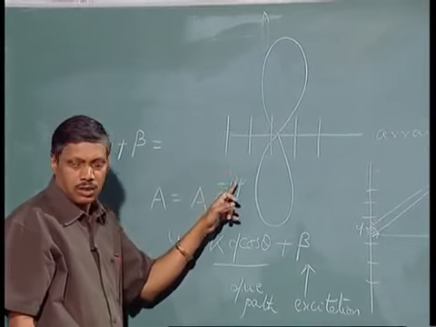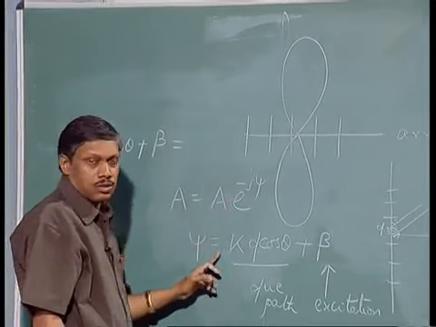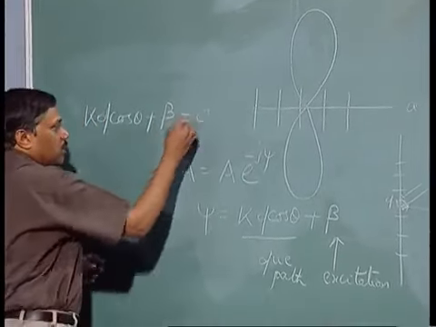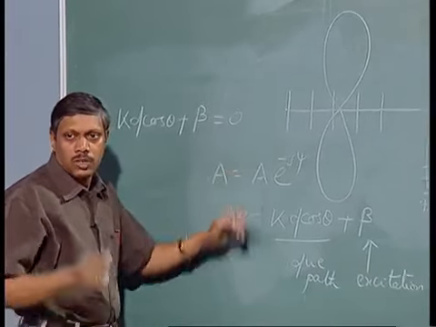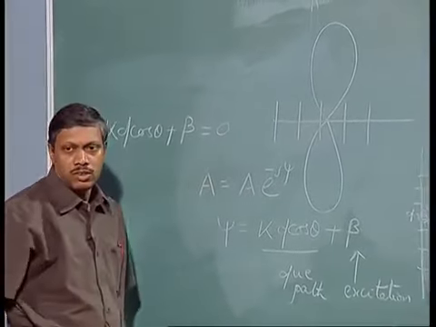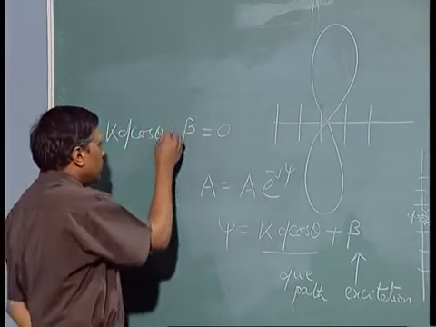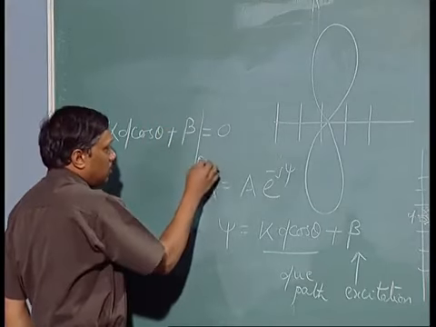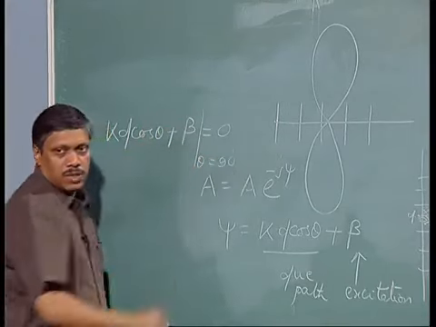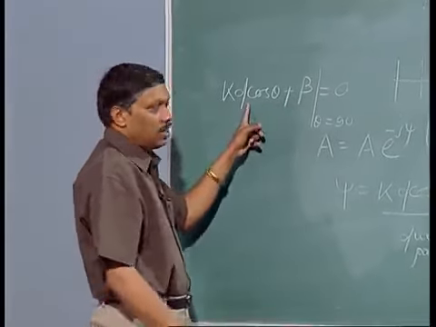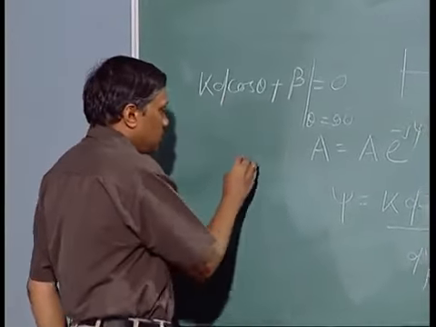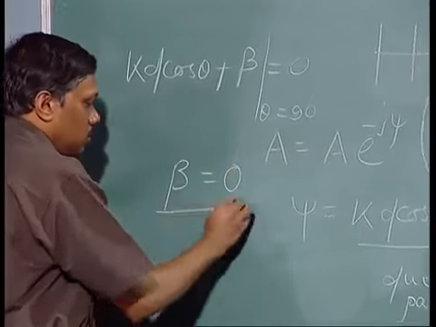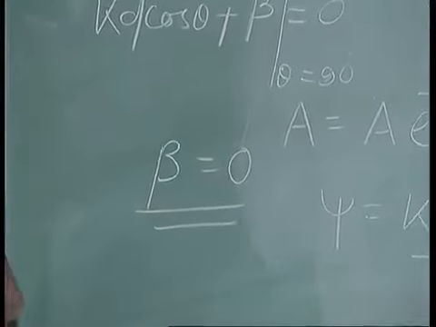So, kd cos theta plus beta should be equal to 0. But in which direction are we trying to find out? It is perpendicular, so theta is equal to pi by 2. If we substitute that, it implies beta is equal to 0.